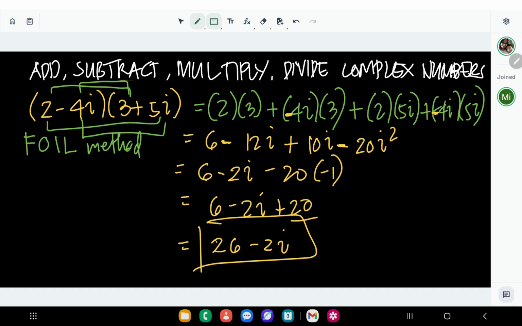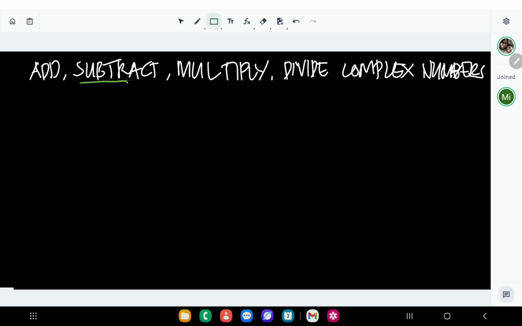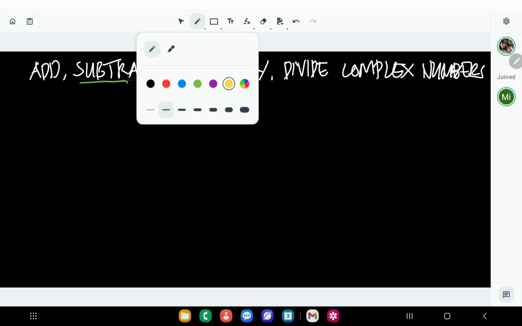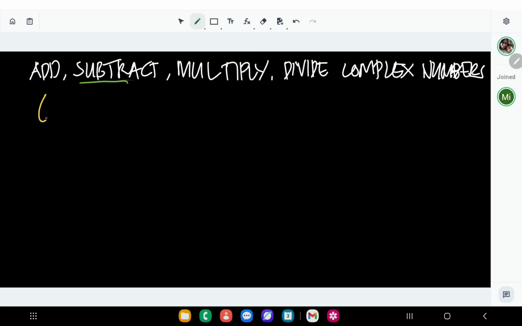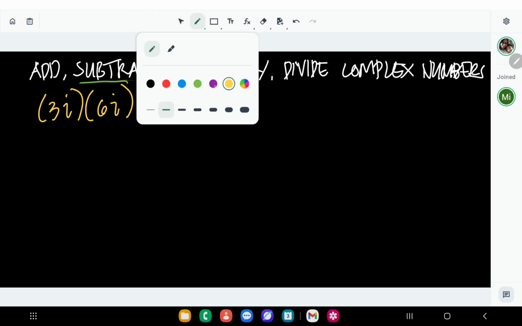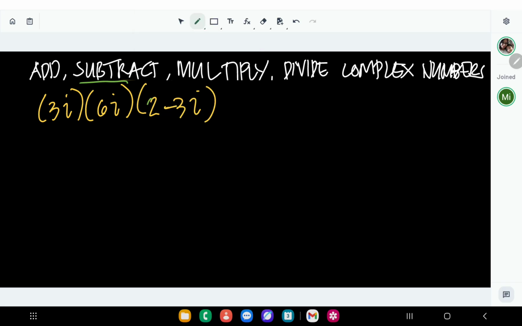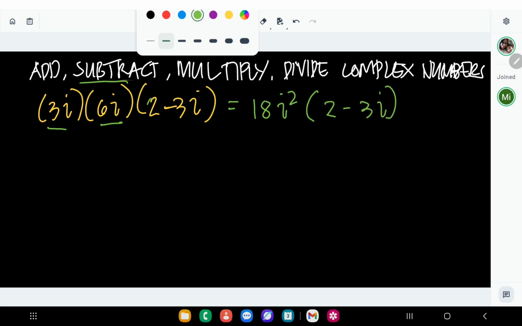Alright, then, what if you're given it in this form? 3i times 6i times 2 minus 3i. In this case, let's multiply this first. 3i times 6i is 18i squared, right? Times 2 minus 3i.